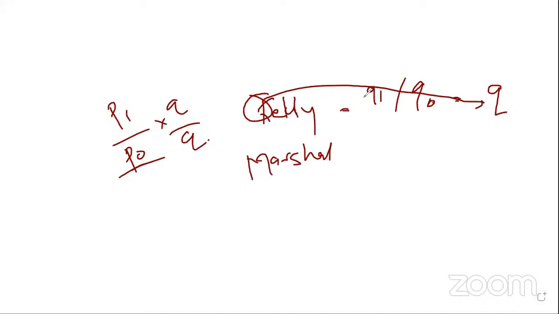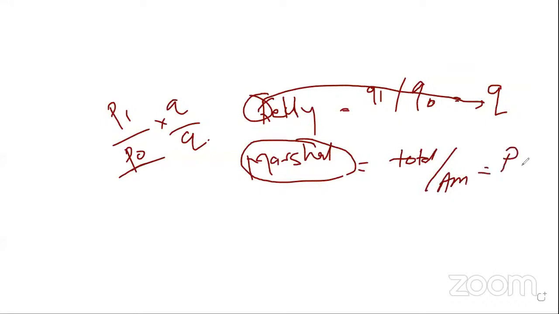Okay. And finally, we are coming to Marshall. Marshall will tell either take the total or the arithmetic mean of Paasche and Laspeyres as weightage. That is L plus P or L plus P by 2. Now I'll explain it by formula.